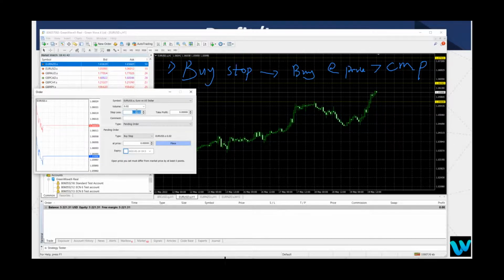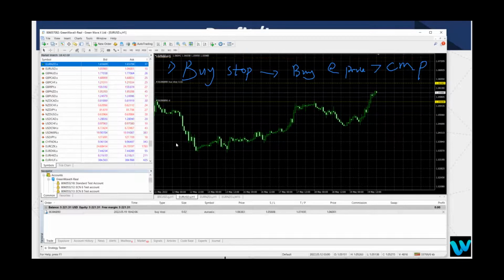Stop loss is going to be 1.05608, and take profit is going to be 1.07431. Buy stop at what price? You put 1.06383. That's what you're even supposed to put first, the buy price, then you put these other ones, then you can place it.